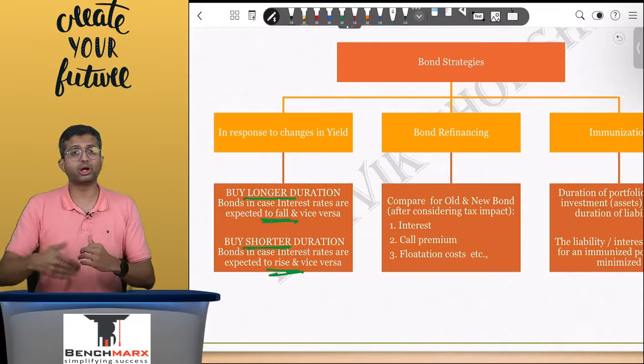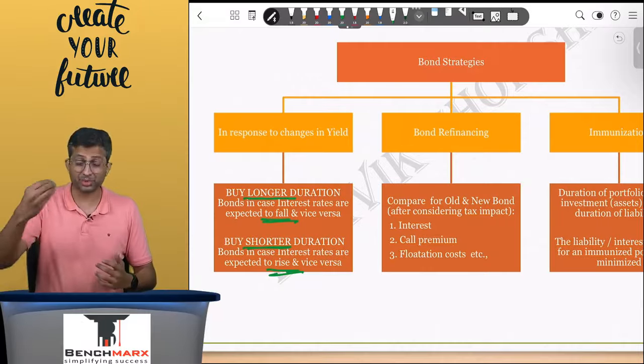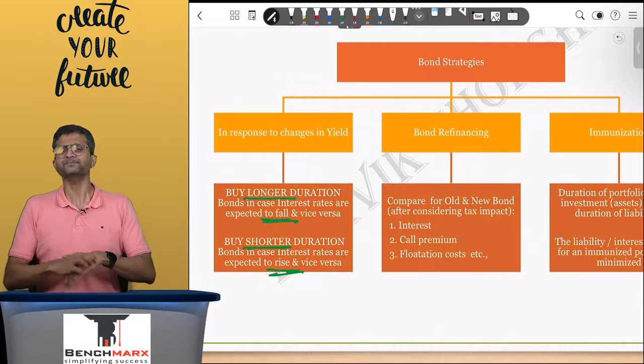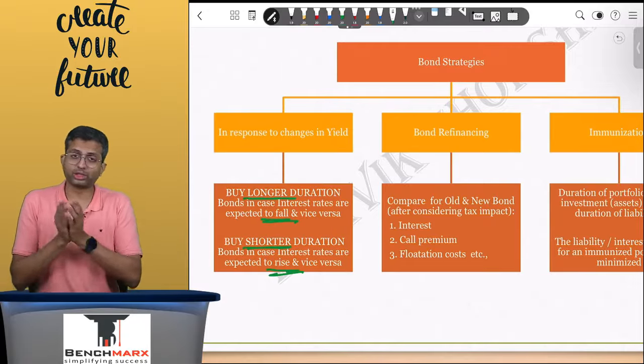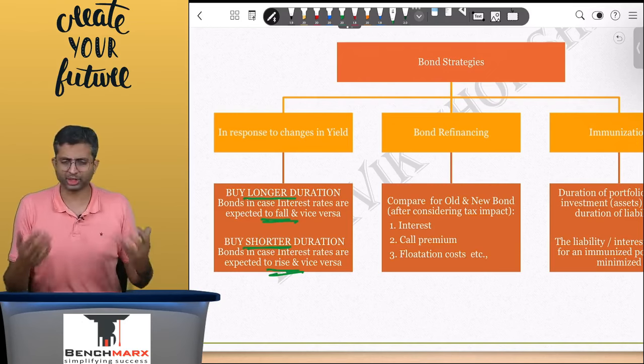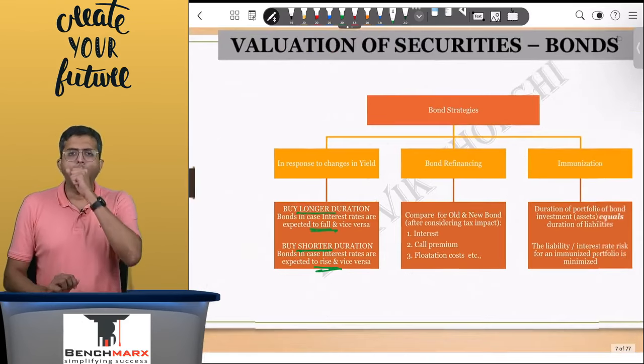Also, the new bond will come attached with costs like flotation cost, there may be call premiums on redemption, etc., which have to be considered. Similarly, the tax savings on the new flotation cost as well as the unamortized old flotation cost also have to be considered.